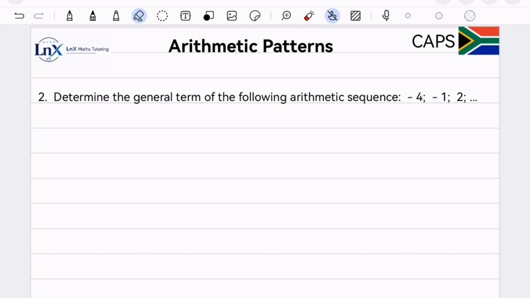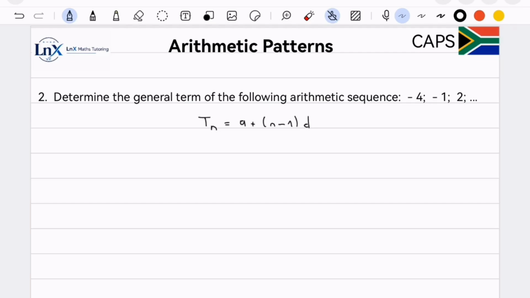Alright, and so for this question, we know that the general term is given as Tn equals a plus n minus 1 multiplied by the common difference, right?